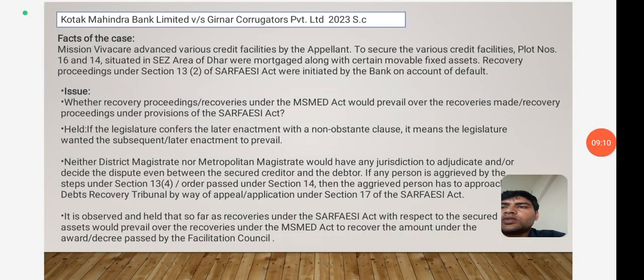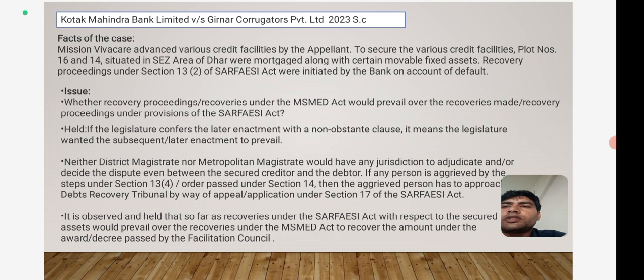Third case is Kotak Mahindra Bank Limited versus Girnar Carburetor Private Limited, 2023 Supreme Court. Facts of the case: the mission Viva Care was advanced various credit facilities by the appellant. To secure the credit facilities, plot number 16 or 14 situated in the Sage area of Dhar were mortgaged along with certain movable and fixed assets.